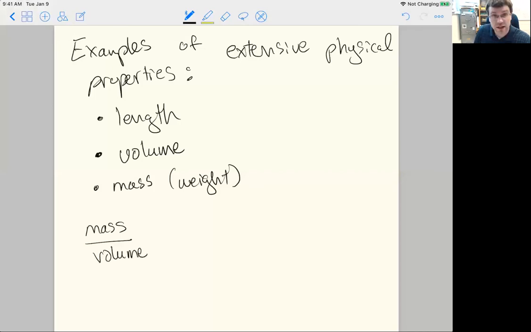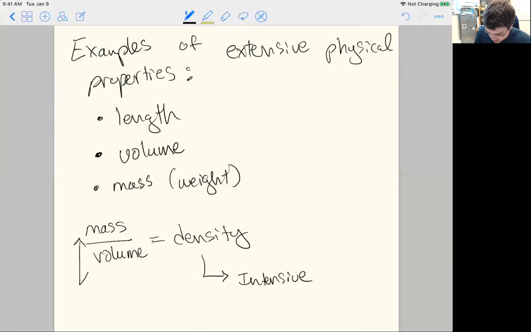That's the fundamental definition of density. If you take the mass of something and divide by its volume, you're going to get density. Now, we already defined that density is an intensive physical property, and mass and volume, we just said, are extensive physical properties.